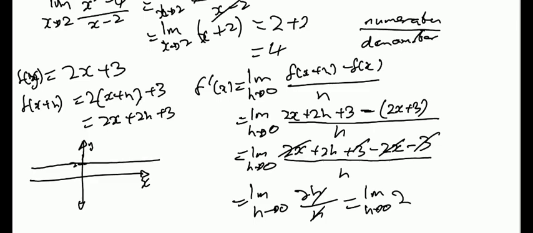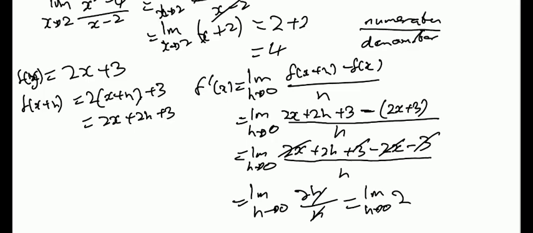A constant is parallel to the x-axis. I hope you understood. So the limit as h approaches 0 of a constant is also 2, because the limit as h approaches any number of a constant is that constant.